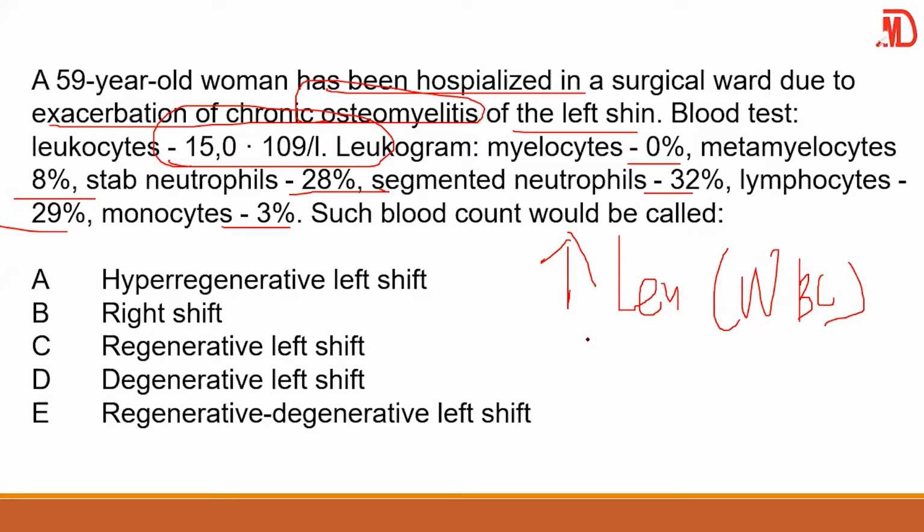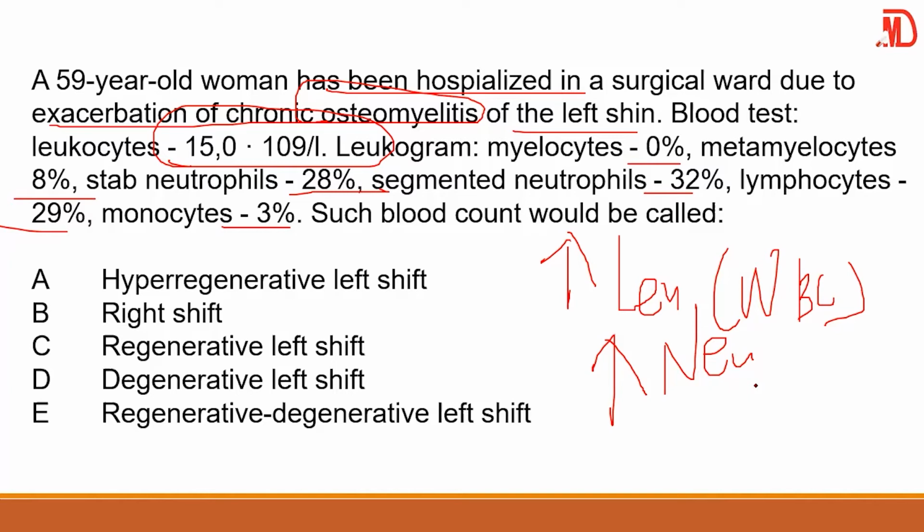Take note. Now, when we say regenerative left shift, we are referring to the part that has a lot of neutrophils, that is neutrophilia. I hope I'm not confusing you guys. So please take note of that.